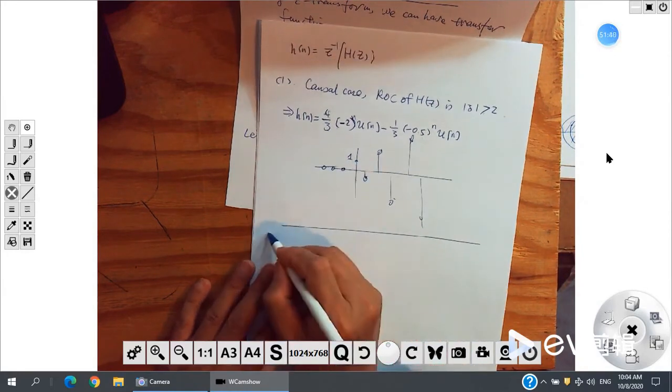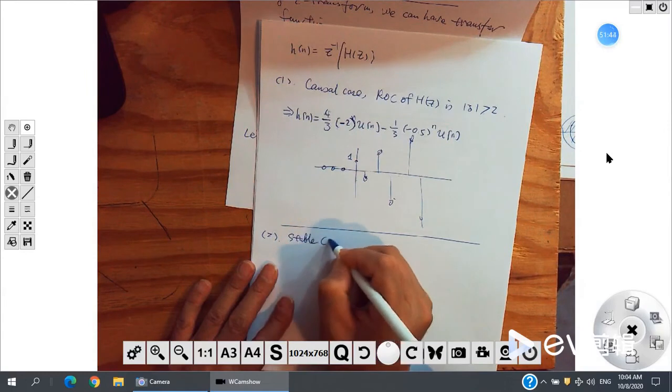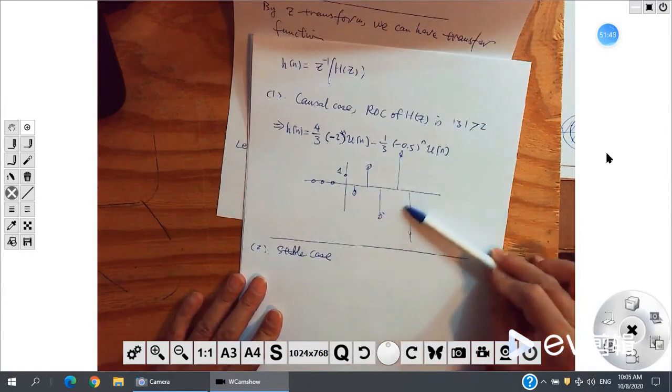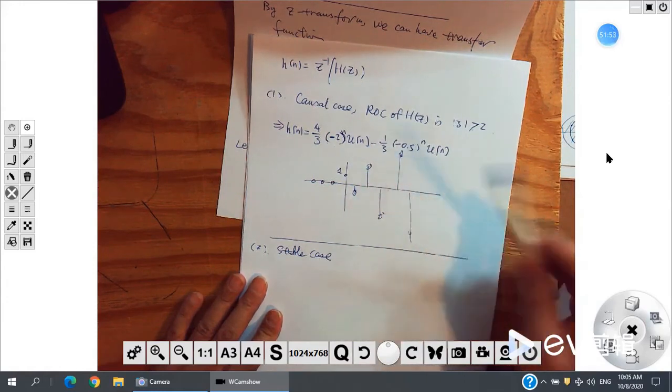Okay, the second case. This is the stable case. So far we already know the first case is not stable. You look at the graph, it's going up and down and the values get larger and larger, so it cannot be stable, right?